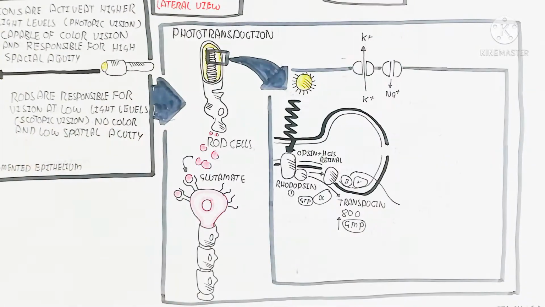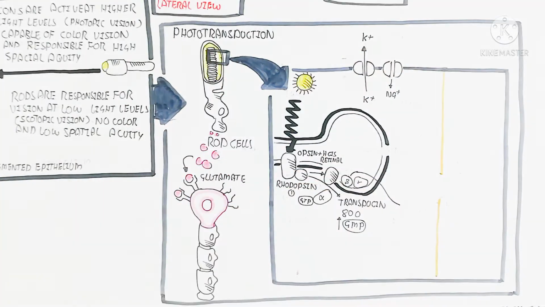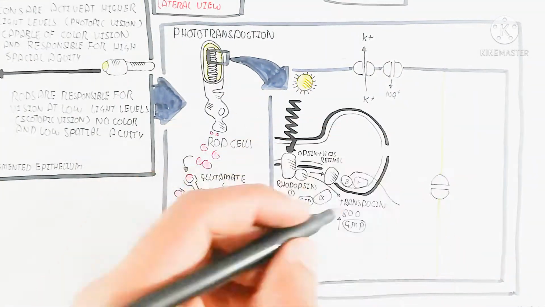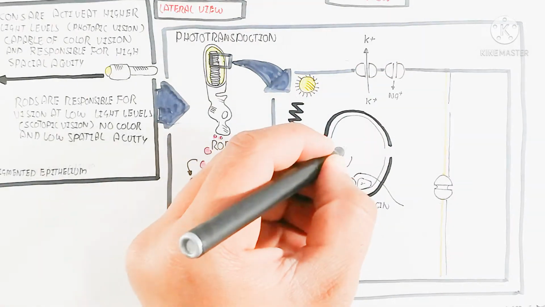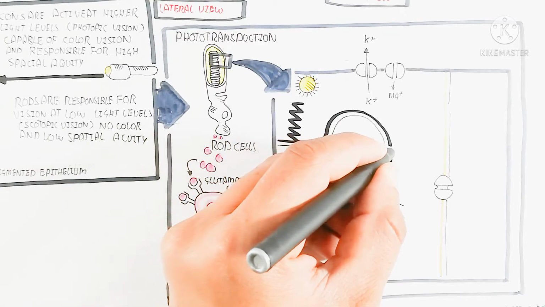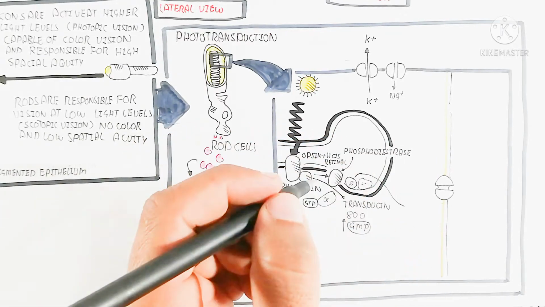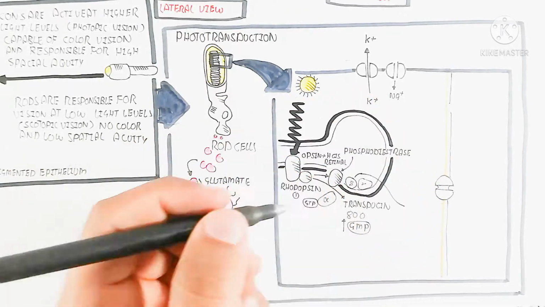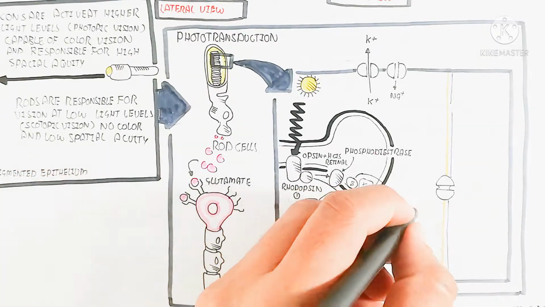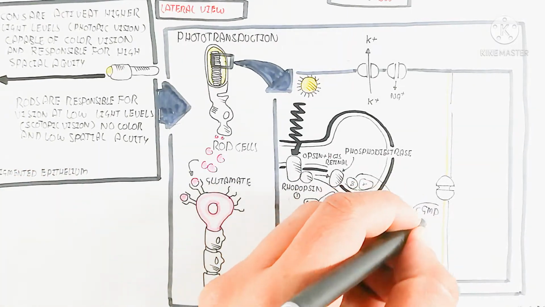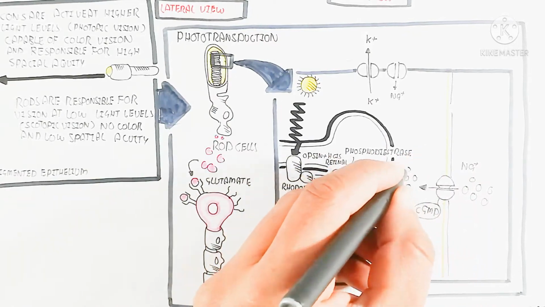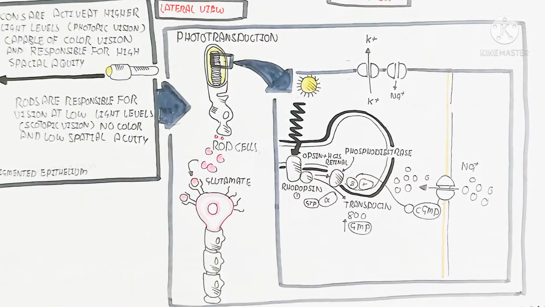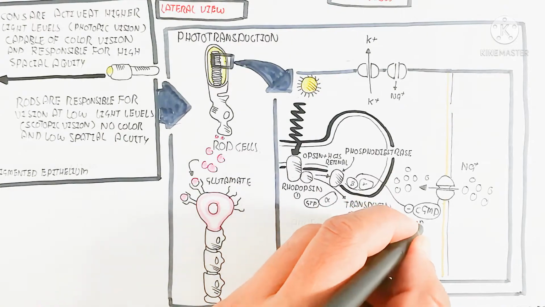In this way the transducin is activated, which increases the GMP. This transducin will produce more cyclic GMP, guanosine monophosphate, and this is used for the inhibition of the sodium influx.